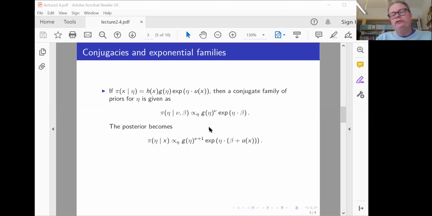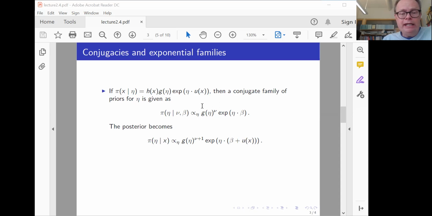So it corresponds very well to this issue of conjugacy. So just think about it. If you have a density that looks like this, then you could define a density on the parameters with parameters nu and beta like this, which is just g of eta to some power times the exponential of eta times some parameter b.